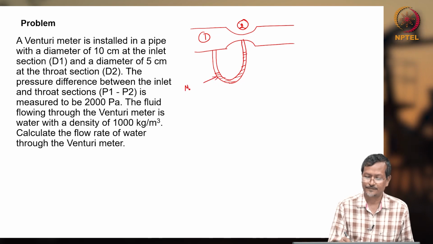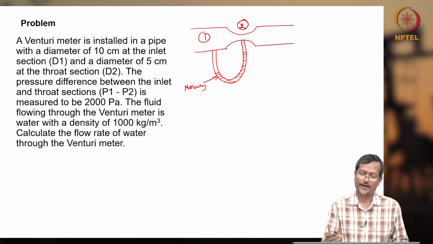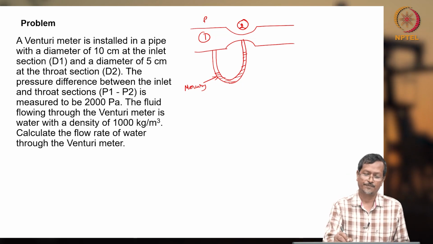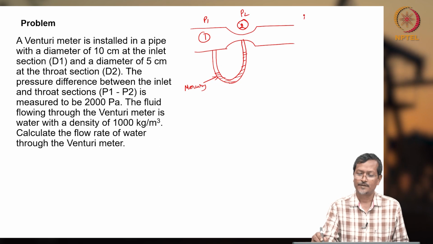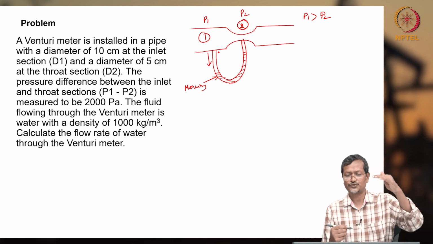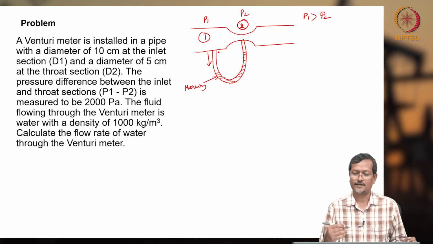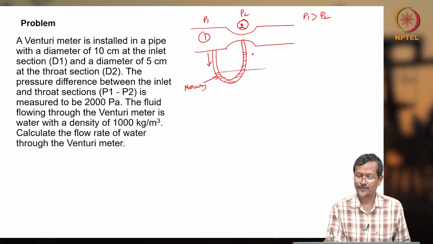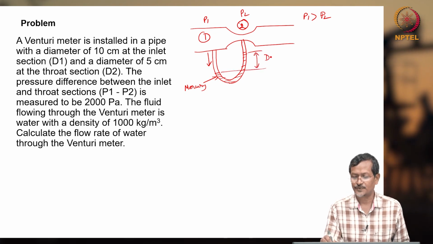Normally this will be mercury or a high density fluid, and because pressure P1 is more than P2, this column will be pushed down more. P1 is higher than P2. So this difference is called differential pressure.